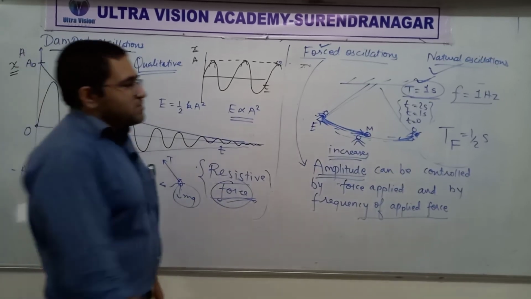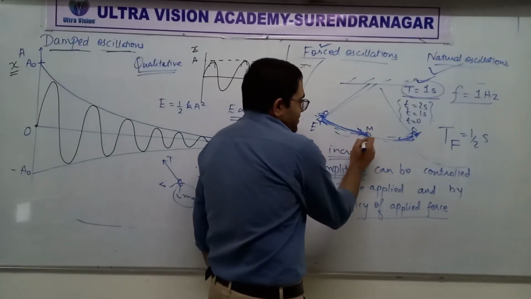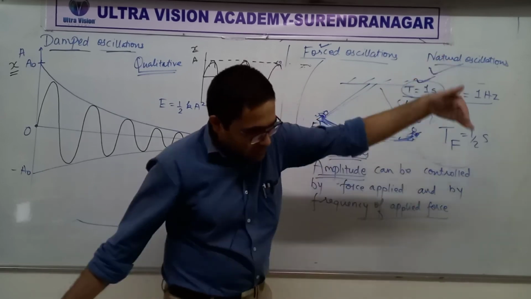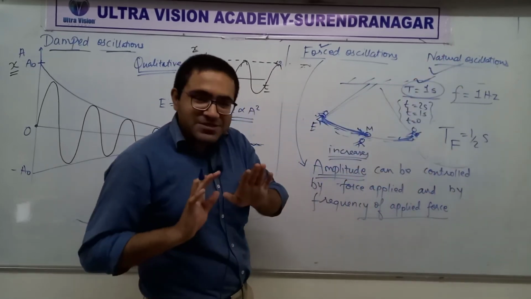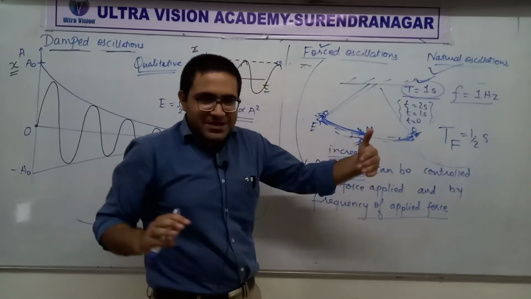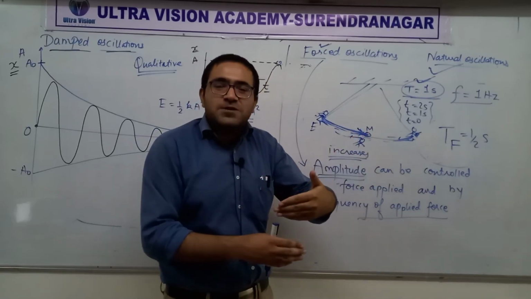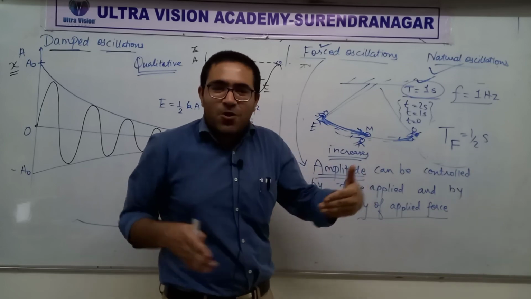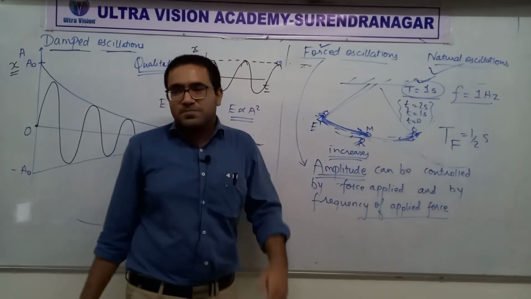Okay, so when it comes back, the swing is coming like this, and you apply the same force now in the same direction as earlier, right? So do you realize that you are opposing the oscillation? Yes or no?